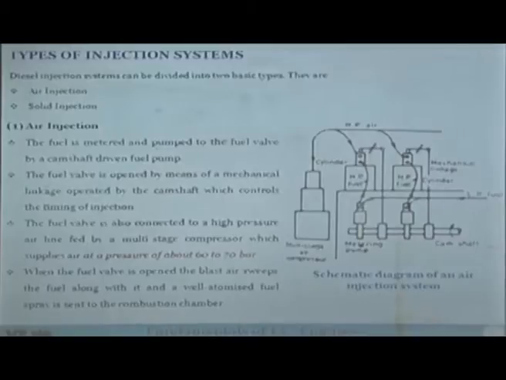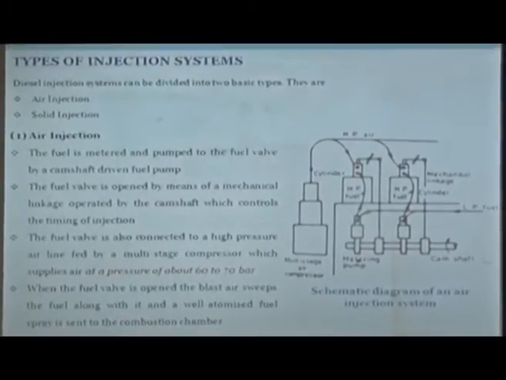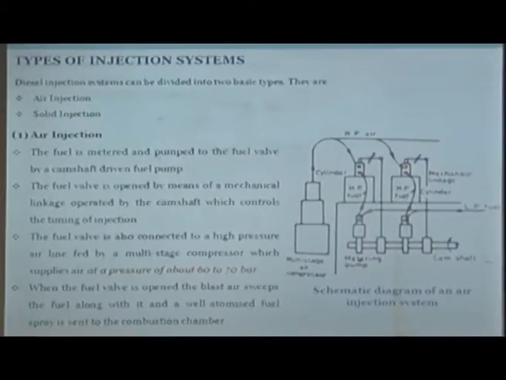How does it happen? So this is one cylinder, this is another cylinder. This is the fuel injector, and this is another fuel injector for the second one, and then there is a mechanical linkage to open the injection valve. And this is the fuel pump. The low pressure fuel is coming here.